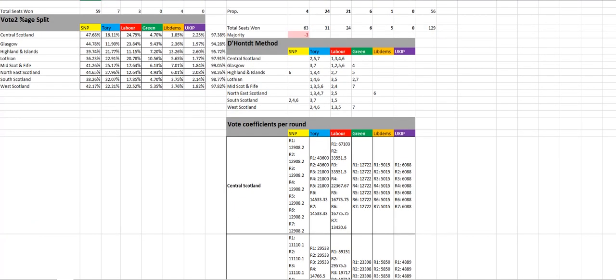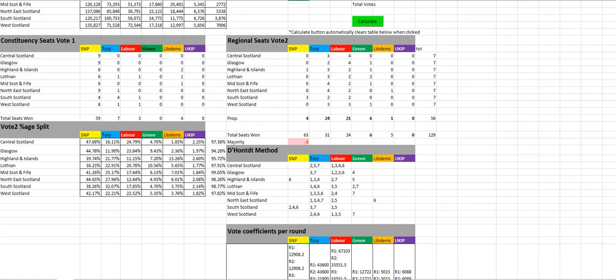If you look at Central Scotland for round 1, at the very top here, 12,908 votes. I've got it to a decimal place which is not actually needed, but 12,908 votes is the SNP starting position. All the other parties are untouched because they didn't win any seats.